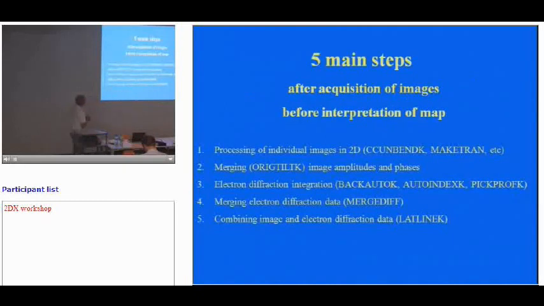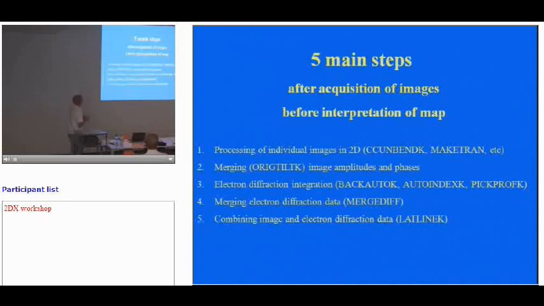And so what I've done is to say, what are the 5 main steps? And obviously there are many varieties, and Holger's overview on all the algorithms shows how creative people are being nowadays in tackling different specimens. But the idea here was to say, what are the 5 main steps after you've acquired the images? And of course, there's lots of work needed to be done before you get your images.